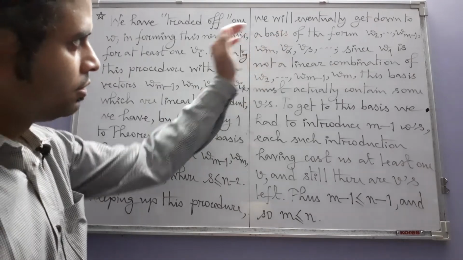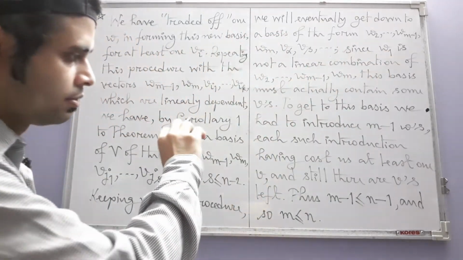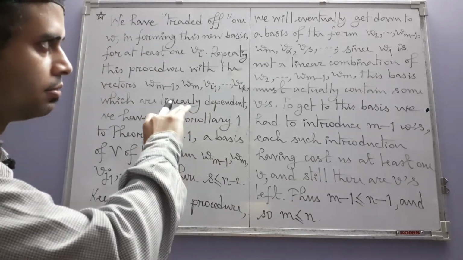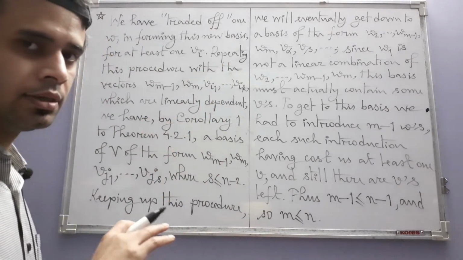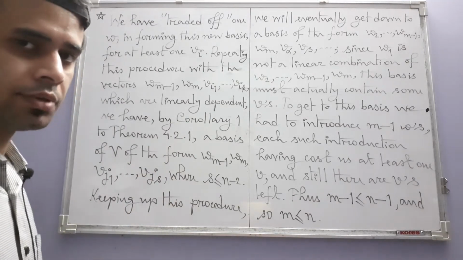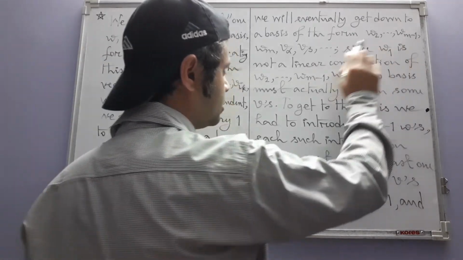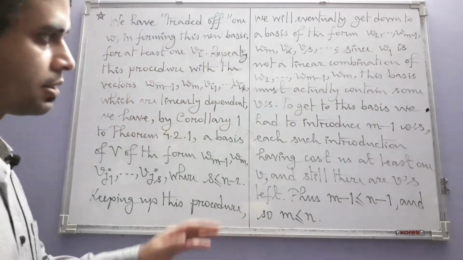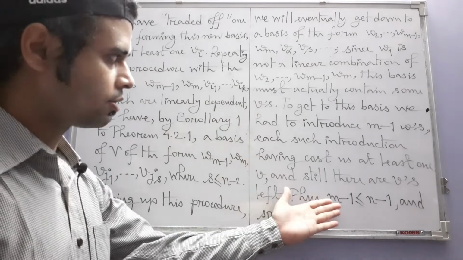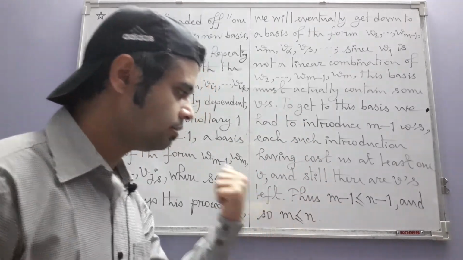So not only at this stage, but at any stage in getting to this stage, we will never run out of the v's. Always some v will be left. So we will be able to get to this stage, and then again using that same logic, we come to the conclusion that some v's are left, and that's why we are getting this.